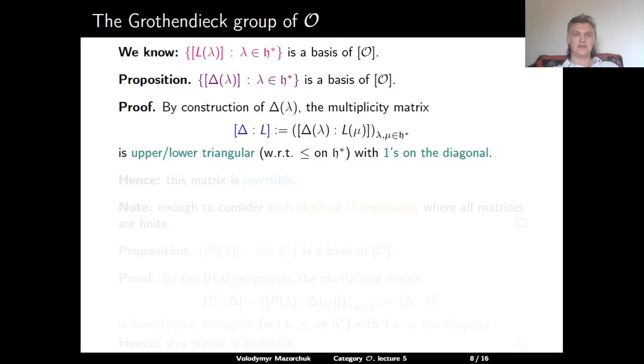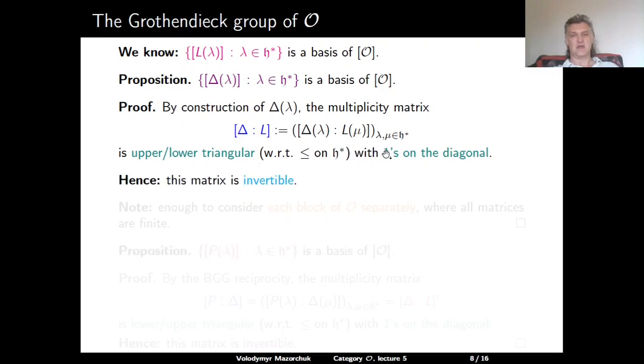To explain this, we note that by construction of Verma modules, the composition multiplicity matrix of Verma modules over simple modules, that is the matrix whose coefficients are the composition multiplicities of simples L mu in Verma modules delta lambda, is a non-strictly upper or lower triangular matrix, it depends on how we choose our ordering, with ones on the diagonal.